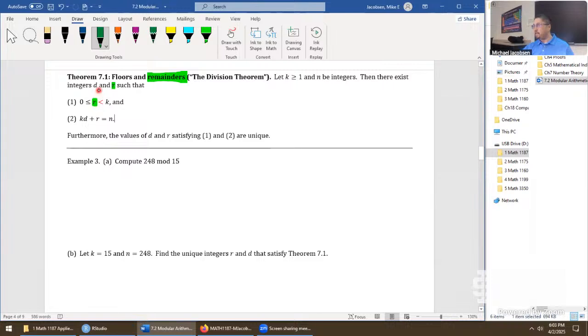The r highlighted right here, the remainder, is r equals, actually, let's write it this way: n mod k equals r. So that's what our r is.